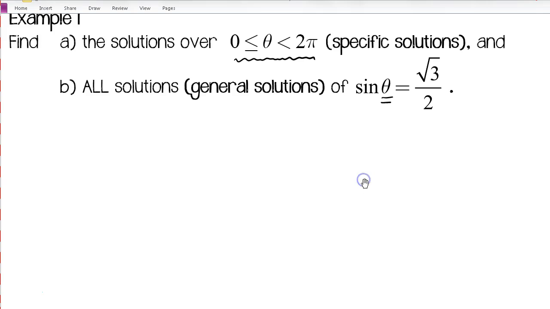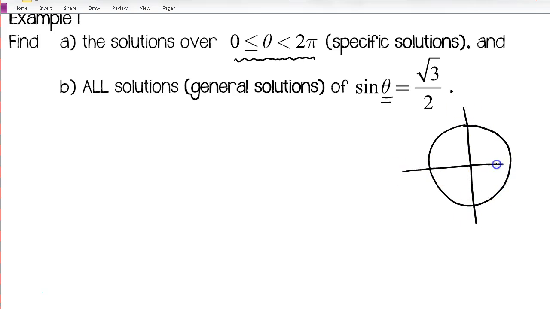So let's take a look at what this is on a unit circle. So sine of theta is √3/2. So we're trying to find angles where the y-coordinate is √3/2.